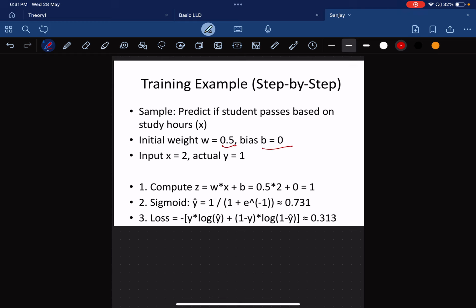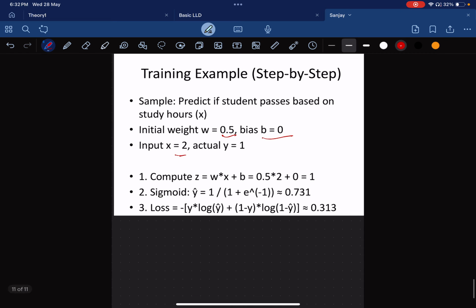We can initialize any value based on the needs, and the inputs like x1. The logistic function looks like z equal to w x plus b. Initially, w is 0.5 and b is 0, and the input is given as x equal to 2.